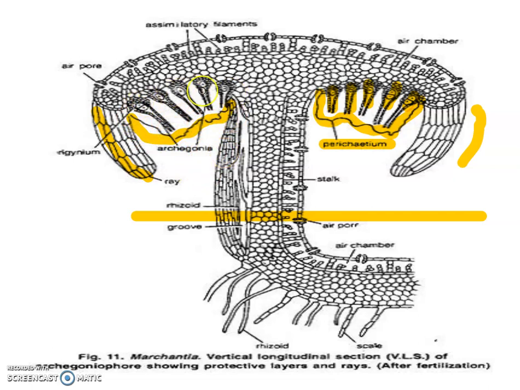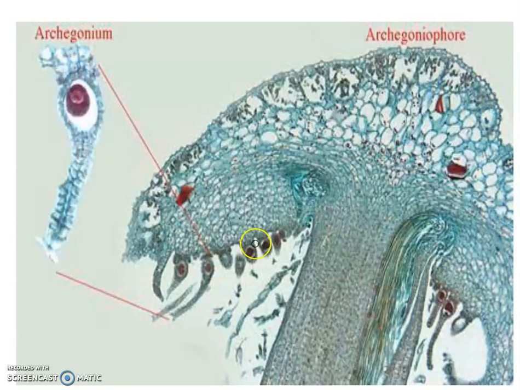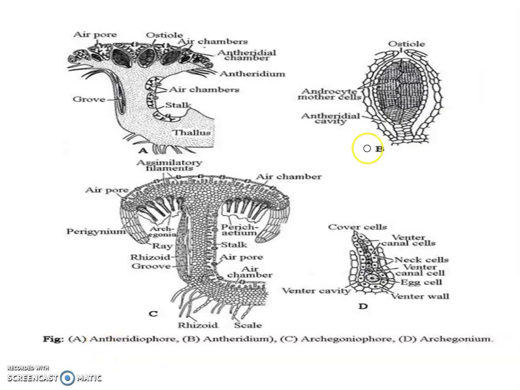This one is the archegonium, and in that archegonium egg cells are present. See here, this is the archegonium. The perichaetium is there, and here the section of the archegonium is taken. So here, male and female.